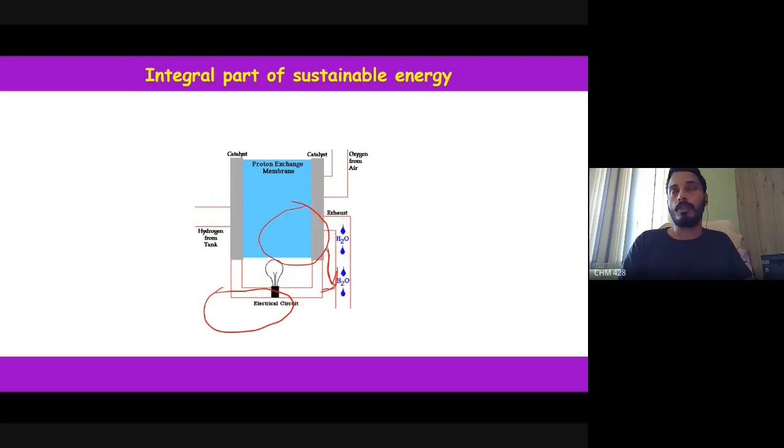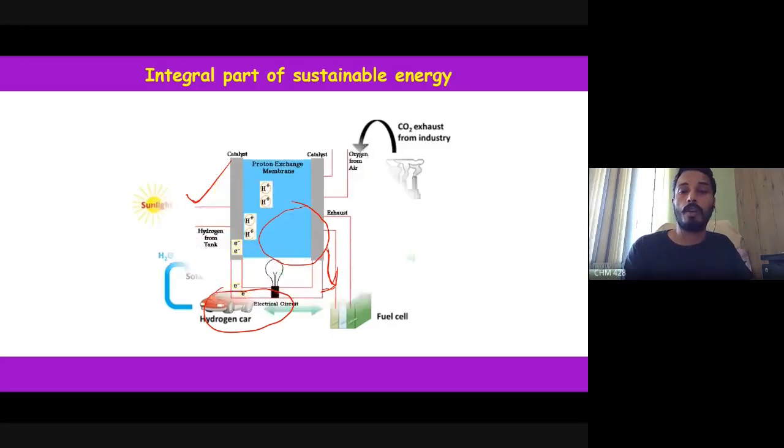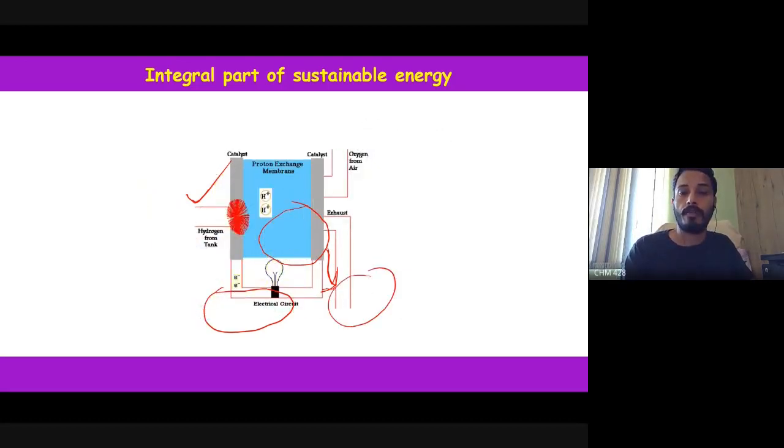This is very important. You can see the byproduct of electricity generation in a fuel cell is water. If you go back, you start with water molecules and you end up with water molecules again, which means there is no emission of any greenhouse gases during this entire episode.